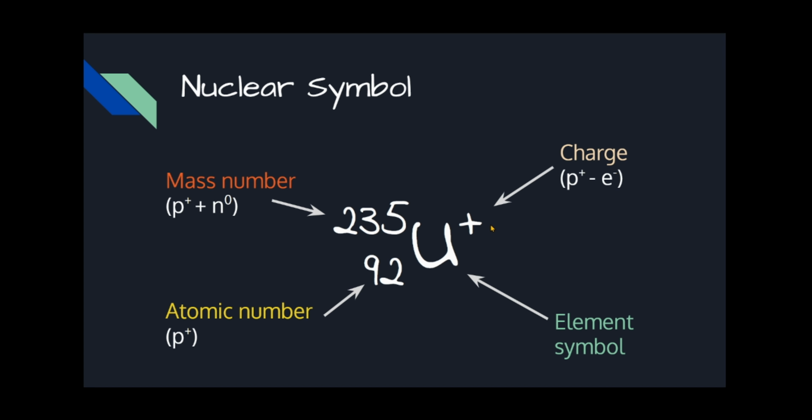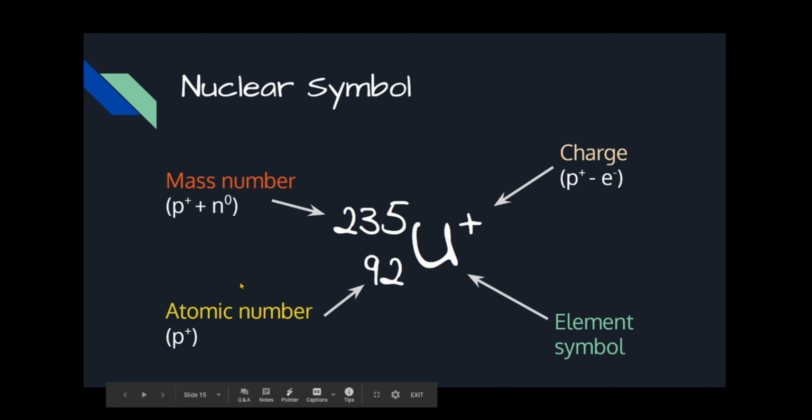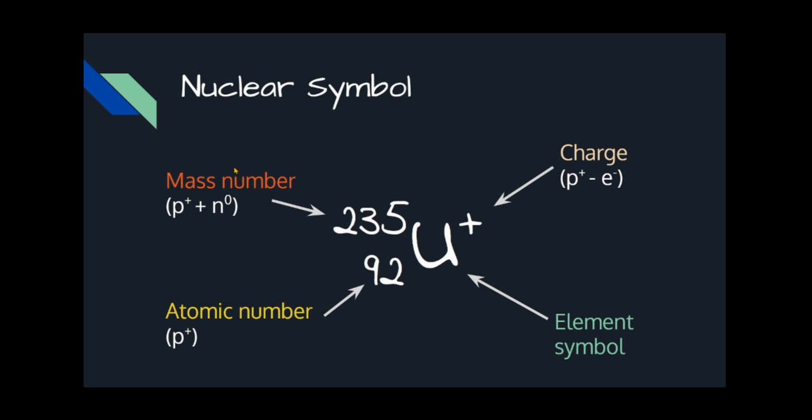If you have a +2 charge or a -3 charge or anything that's not 1, then you have to put the number here. But if it's a 1, again, sometimes we're lazy, we don't put it in. So this is what we call the nuclear symbol. 4 main parts: the element symbol, the atomic number, the mass number, and the charge. If it's a neutral atom, obviously you won't need to include a charge.